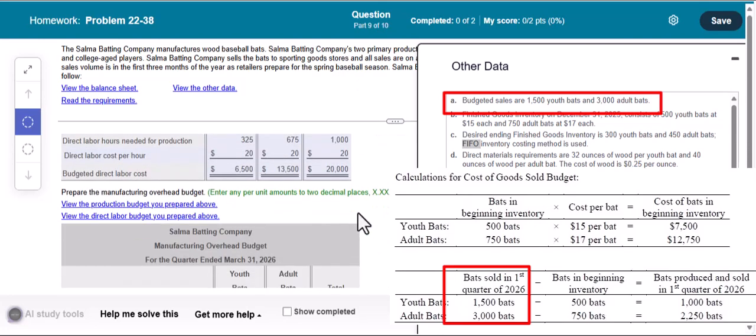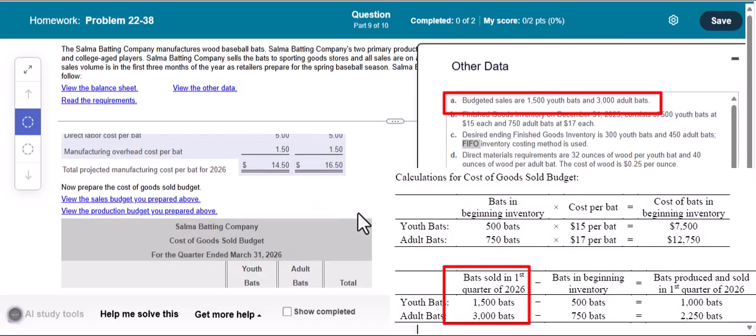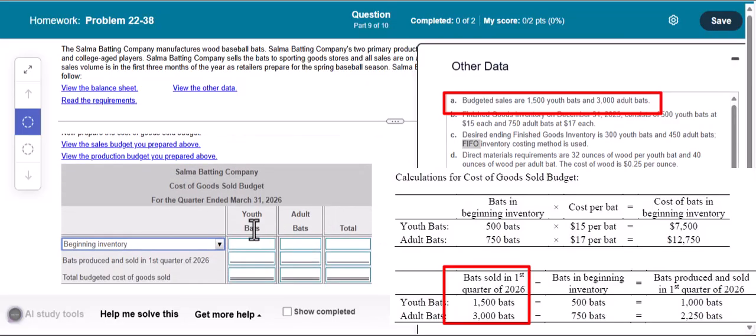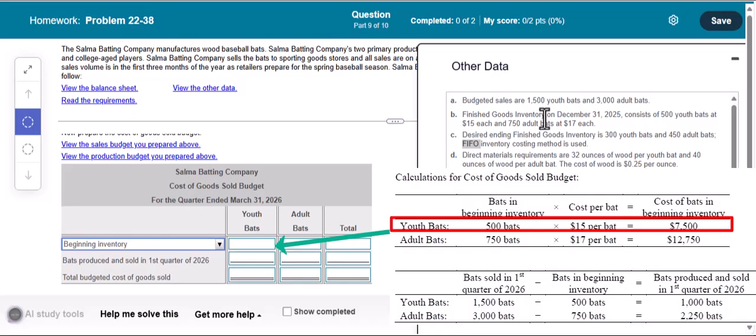So first, we're going to be selling 1,500 youth bats. But the first ones that are coming out of this layer of inventory, which is 500 youth bats at $15 each. Remember, this is the cost for us to build each of those back in the previous quarter.